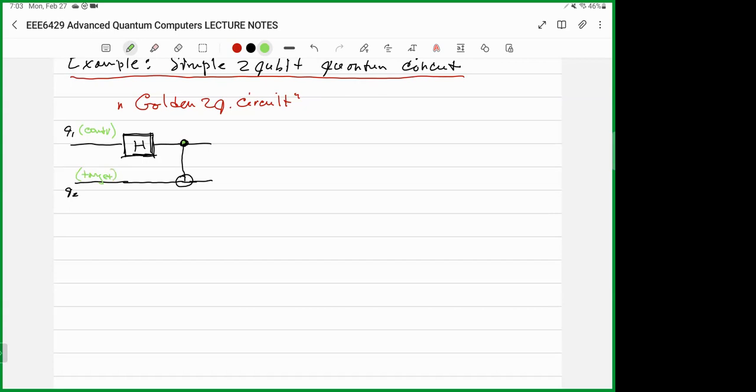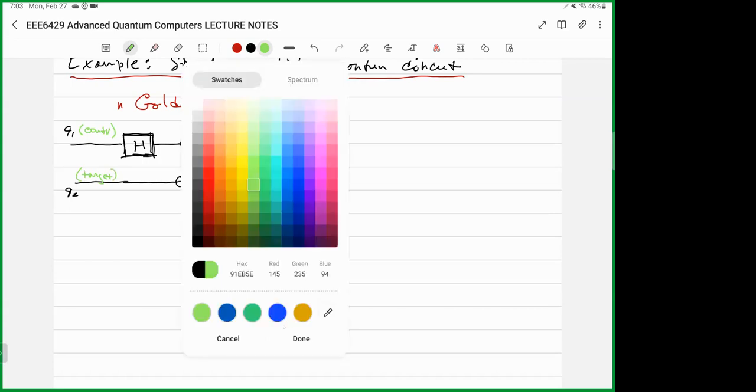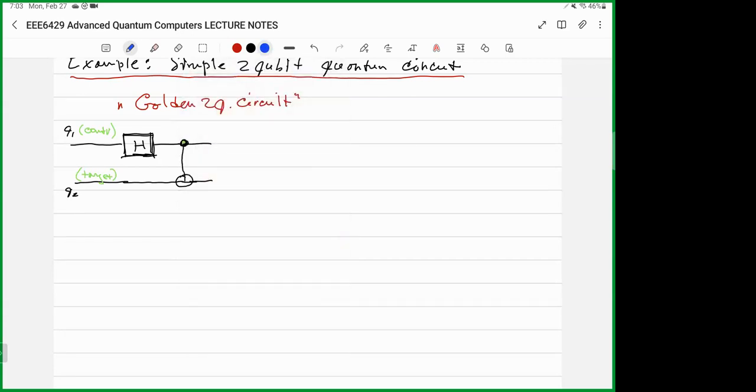So let's suppose that initially I have my qubits in the state 0 and 0. Upper is 0, lower is 0.